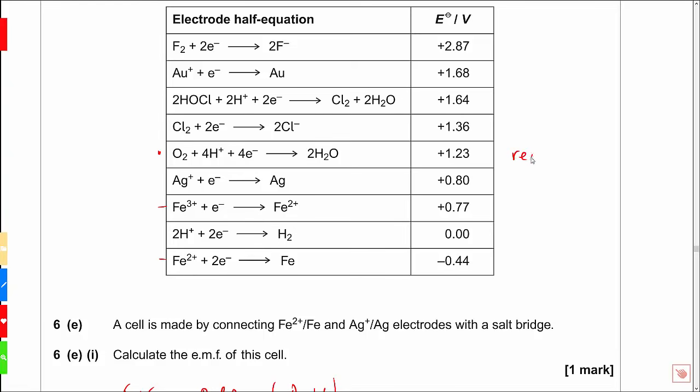So this is where reduction must take place, because the oxygen is going to go from 0 to -2, which is great. So the oxygen is going to be reduced, but in the process the oxygen is going to do some oxidizing of its own for something here. Now it cannot oxidize the Fe2+ ions down to Fe, because that would be a reduction.